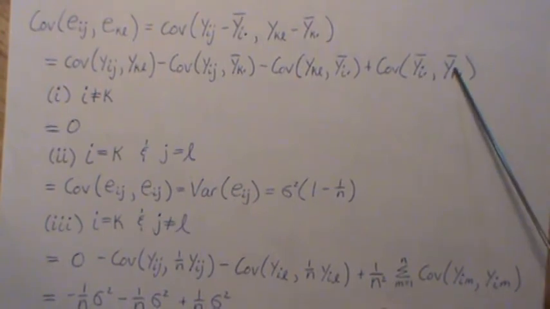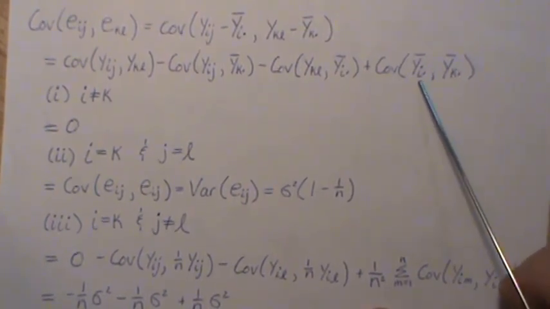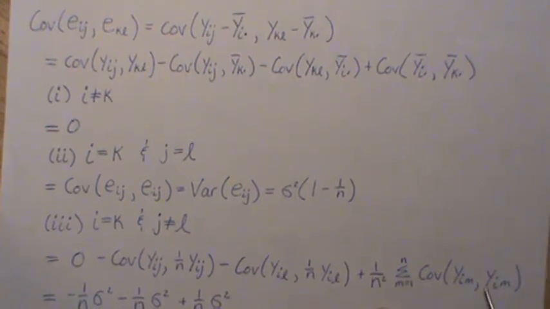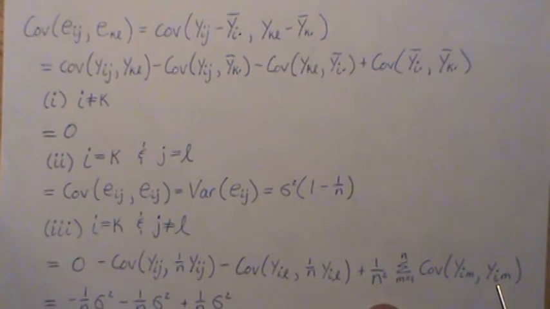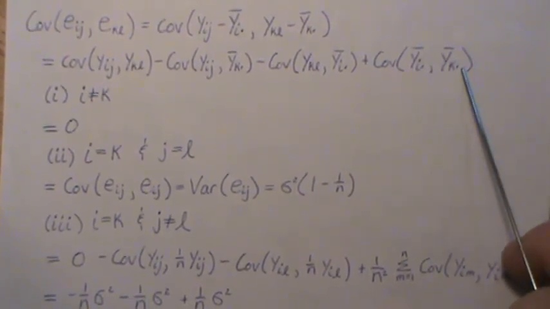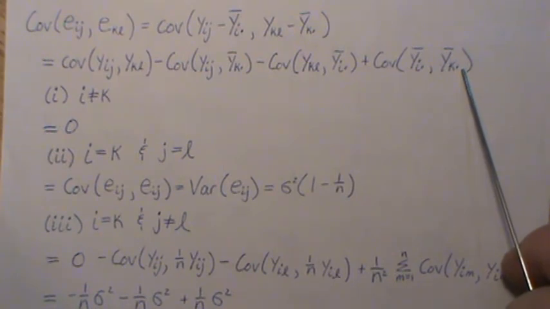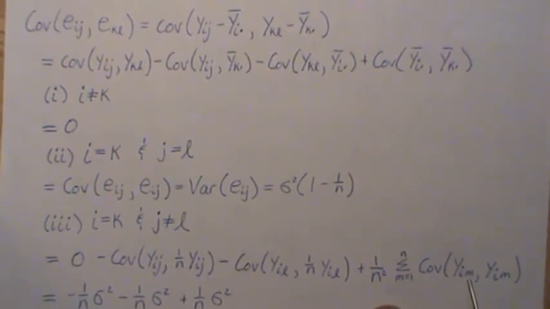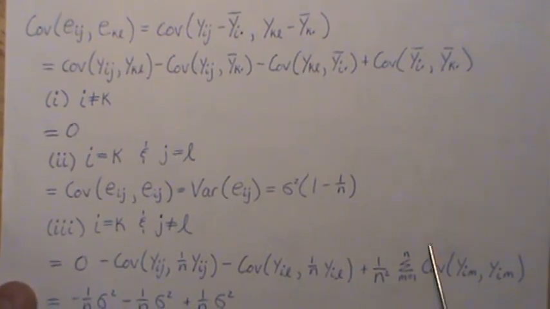it's a double sum, but if I and K are not equal, then that's 0, so those have to be equal. That's why the I and the I here are the same. And the double sum over the second index, when that second index is different, it's a different observation, so they're independent, that's 0. The only case that it's not is when those are the same, and so that's why we have IM, and it's summed over that second index.